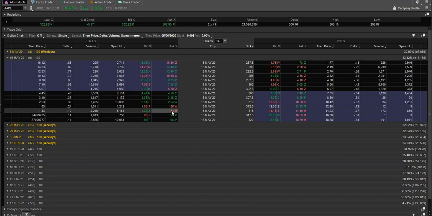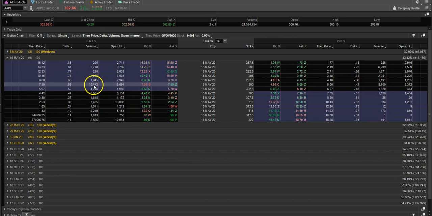So that's a simple way to look at it. Next, we have volume. This is how much volume has traded for the day. We can see there's 10,000 contracts here that have traded today.